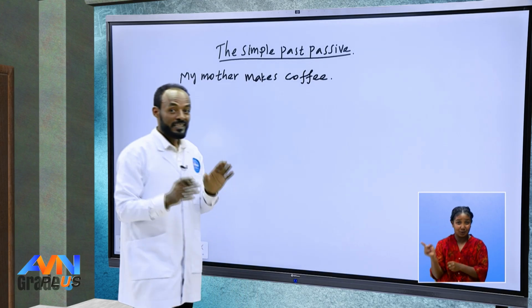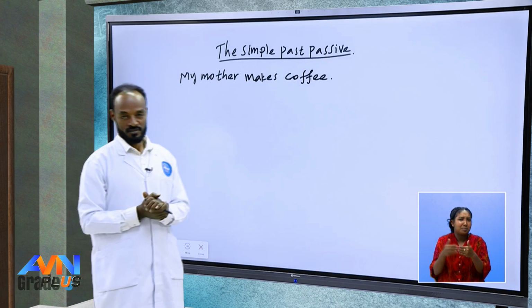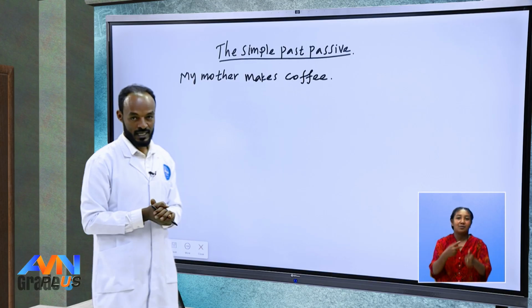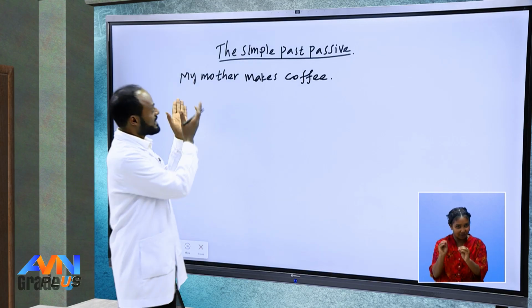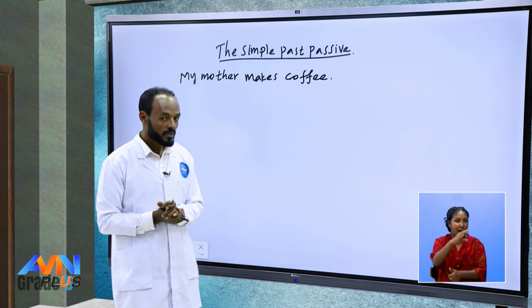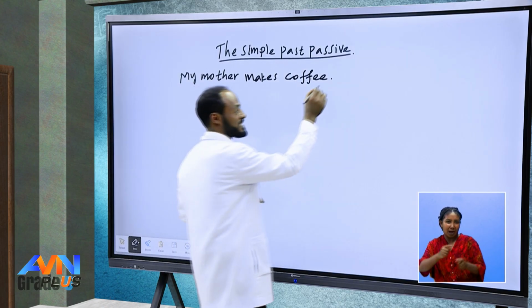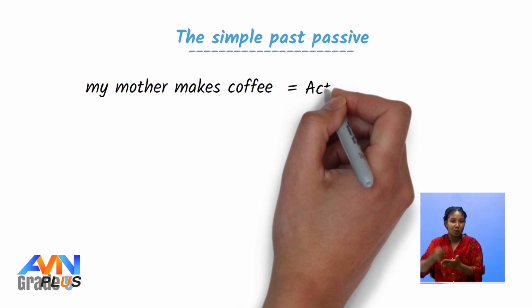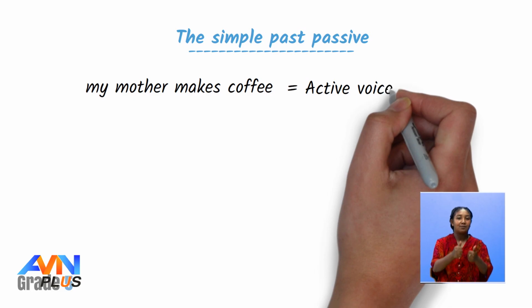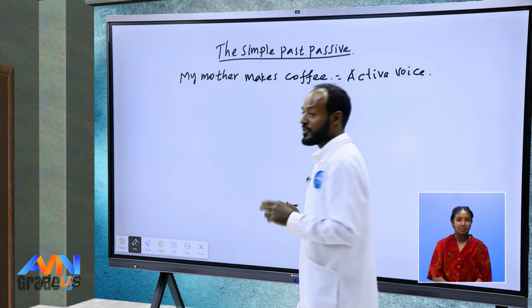Look, this one is a very simple sentence to know about passive and active voice. Students, is this sentence active or passive? Yes? Nice. This one is active voice. Do you know the reason?